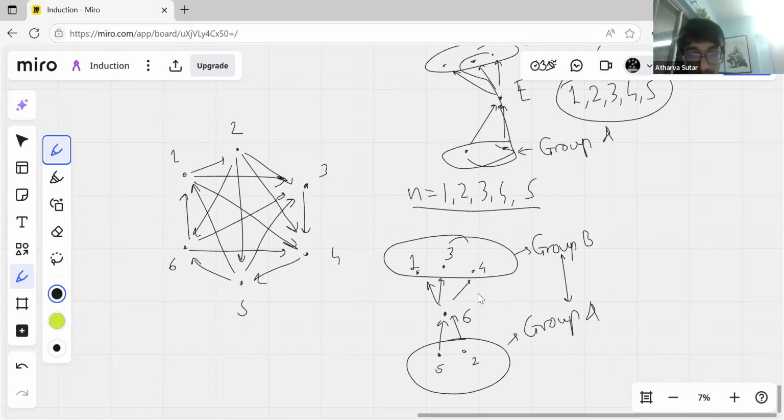So you know for sure that there is a path going through every single city in group B, and also a path going through every single city in group A. For example, in this case, the path is going from 2 to 5. And in the 1, 3, 4 group, there is a path going from 1 to 3 to 4.